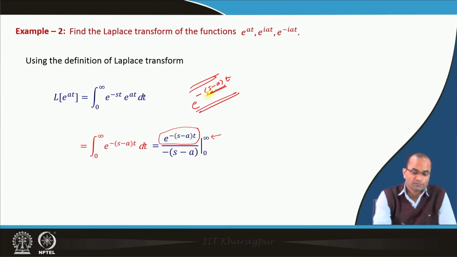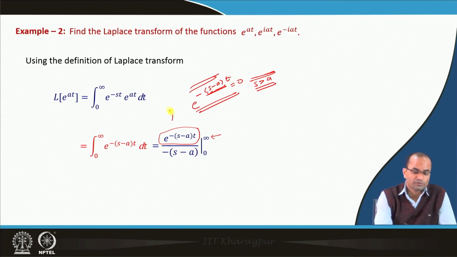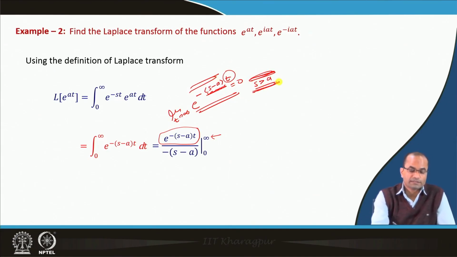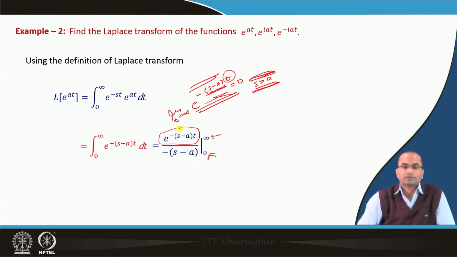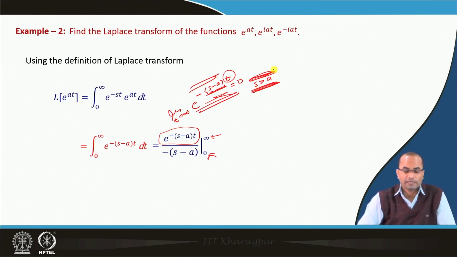So to have this positive, if we make an assumption that s is a real number and greater than a, then naturally this will go to 0 when t approaches infinity. So this is one condition, that for s greater than a, this will exist, and when we put t equal to 0, naturally this will be 1 over s minus a. So under this range of s, that s is greater than a, this limit will go to 0 and we have a finite value of the integral.